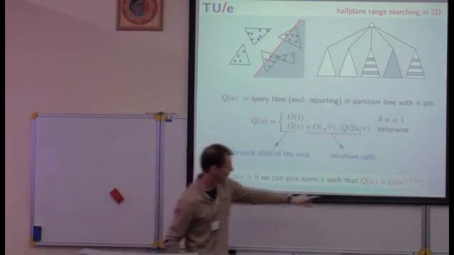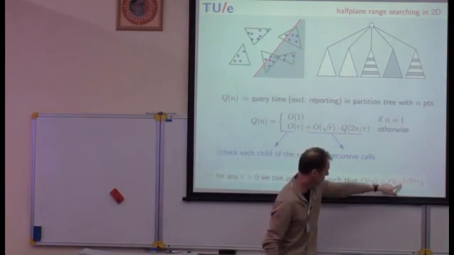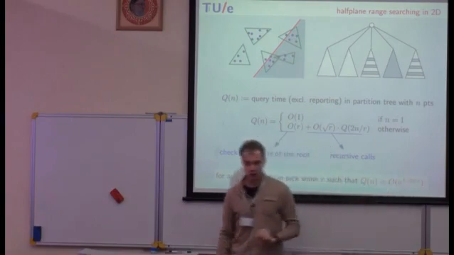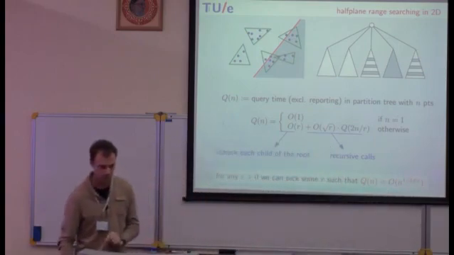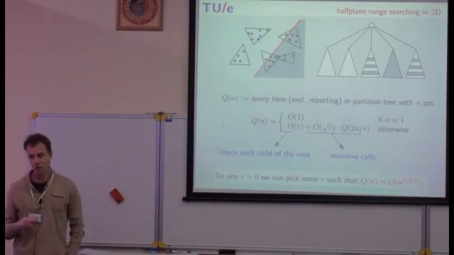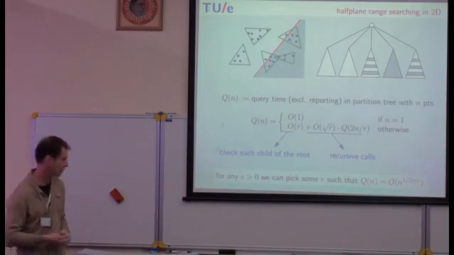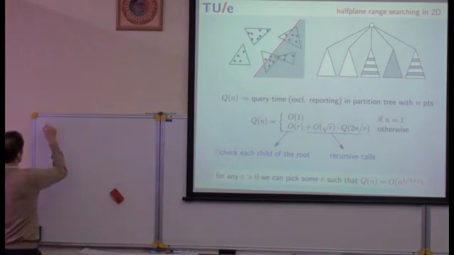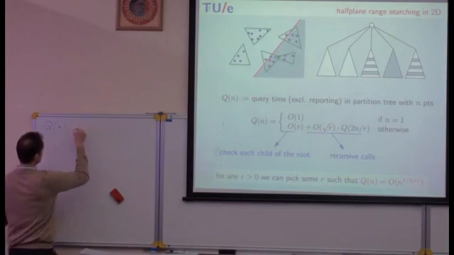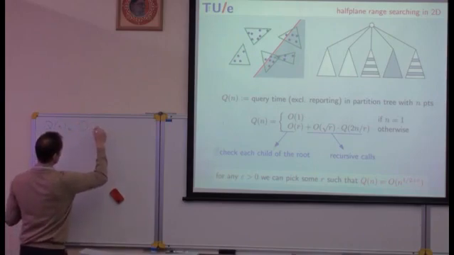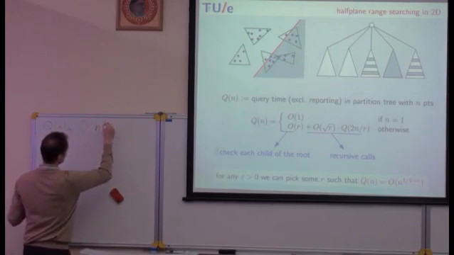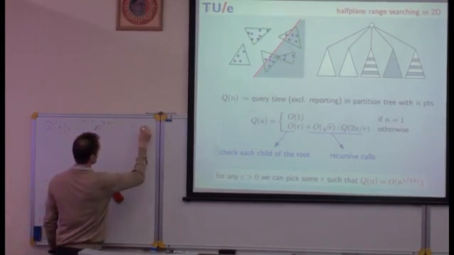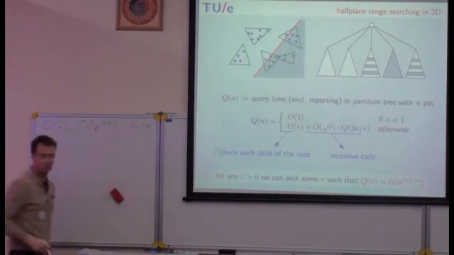So instead of square root of n, you get n to the 1/2 plus epsilon. So what is this epsilon? Well, you can make this epsilon as small as you like. So if you say, I want to have Q(n) is n to the 0.51, okay, so epsilon is 0.01, that's possible.